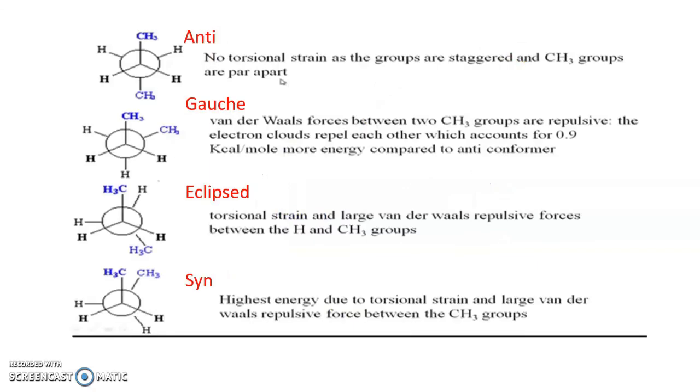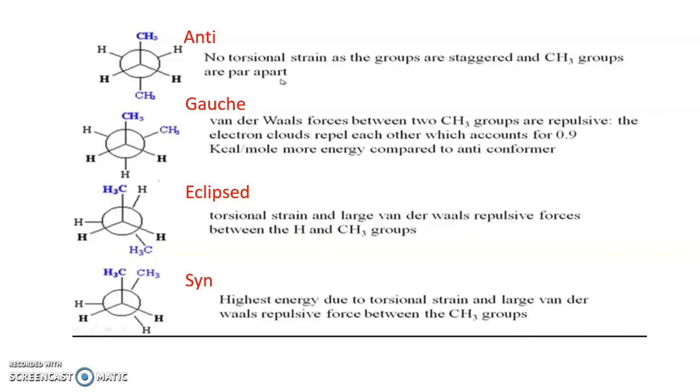So if we summarize, we can say that in anti there is no torsional strain as the groups are staggered and the methyl groups are placed 180 degrees apart. So no torsional strain, no van der Waals repulsive force acting, no steric strain, nothing.